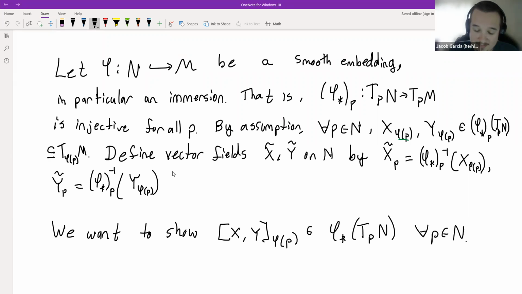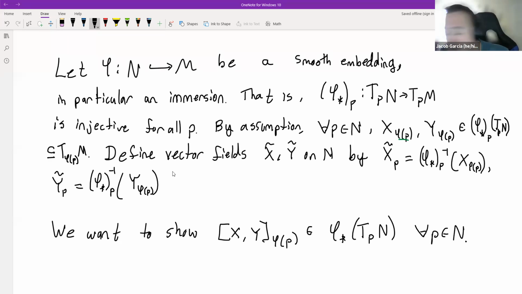For all p in N. Yeah, so this is exactly what it means for the restriction of the Lie bracket to be tangent to N, if the Lie bracket at every point that we identify in N is in the image of the differential.